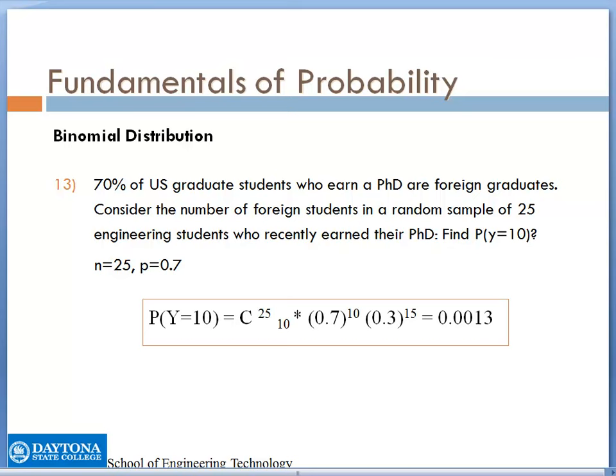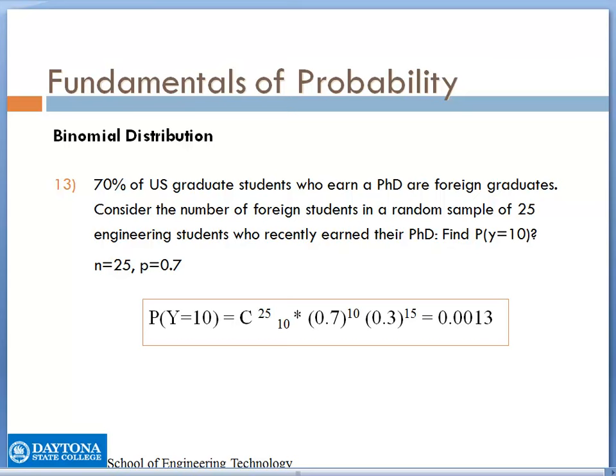And for this, you will use the combination C of 25 and 10, then times p to the power of y, you're looking for 10, times q, which is 1 minus p, to the power of 15.